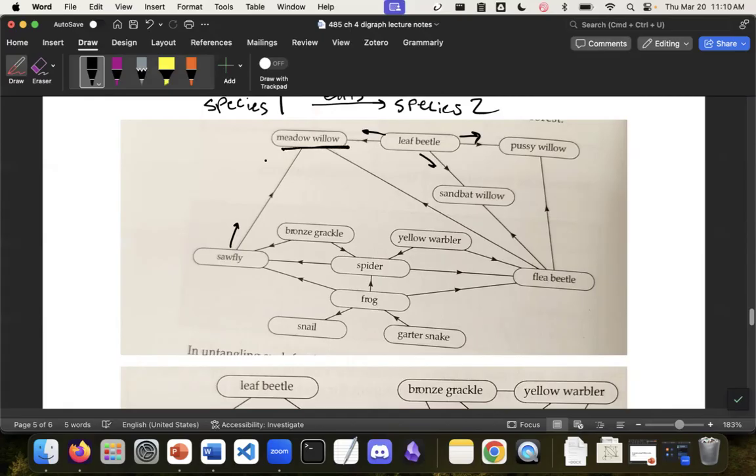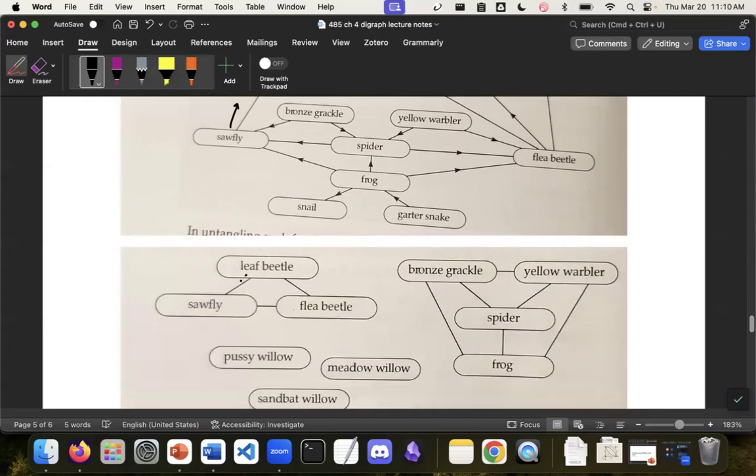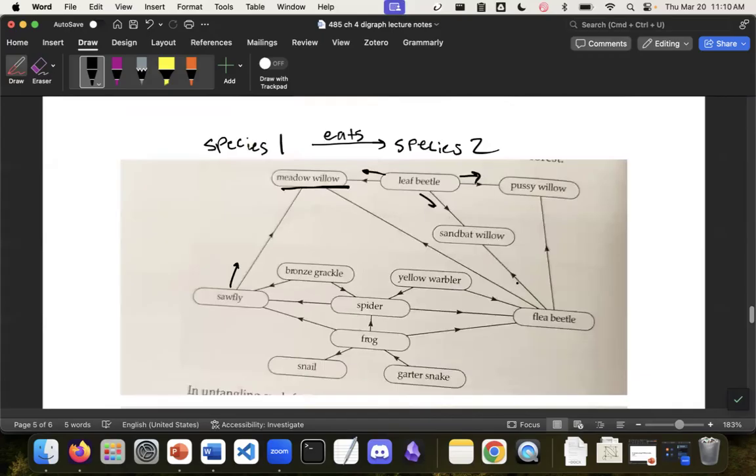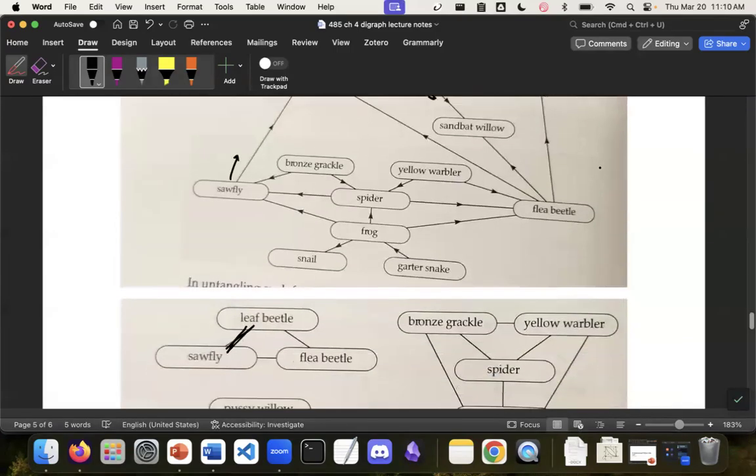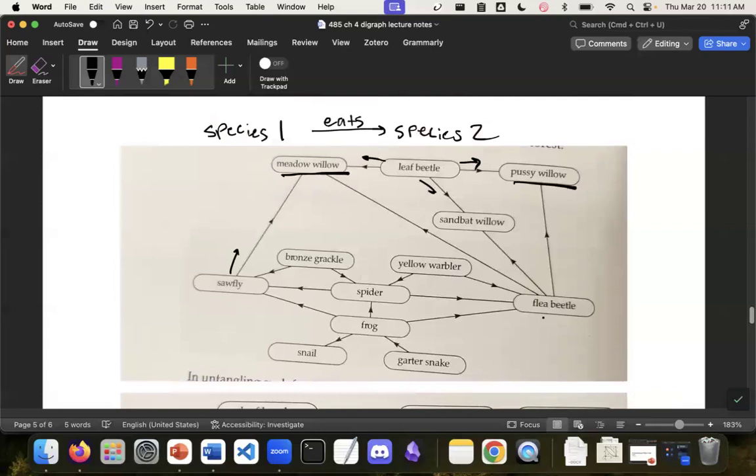So that means that they're adjacent in this graph. And for the leaf beetle and the flea beetle, they both eat the pussy willow tree. So that's why they're adjacent. And then the flea beetle and sawfly, they also both eat the meadow willow.